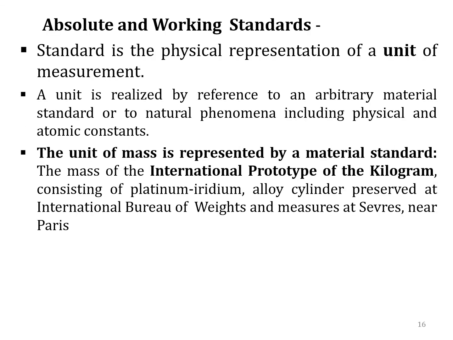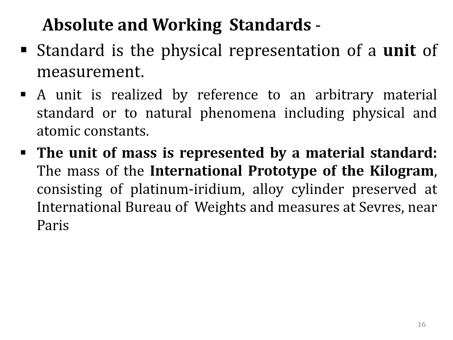Absolute and working standards. A standard is a physical representation of a unit of measurement. A unit is realized by reference to an arbitrary material standard or to natural phenomena including physical and atomic constants.